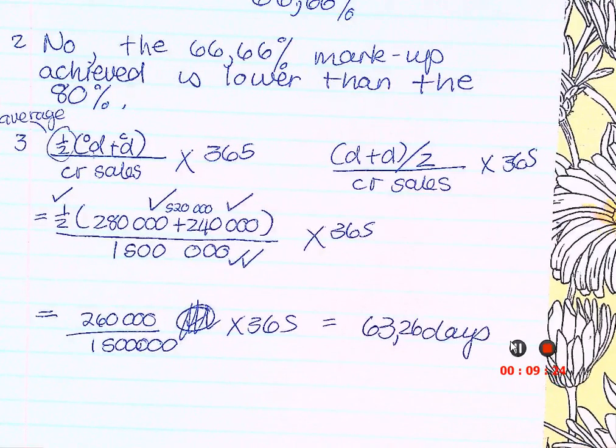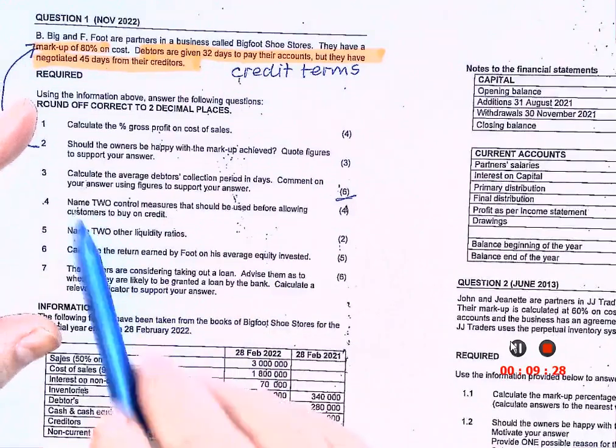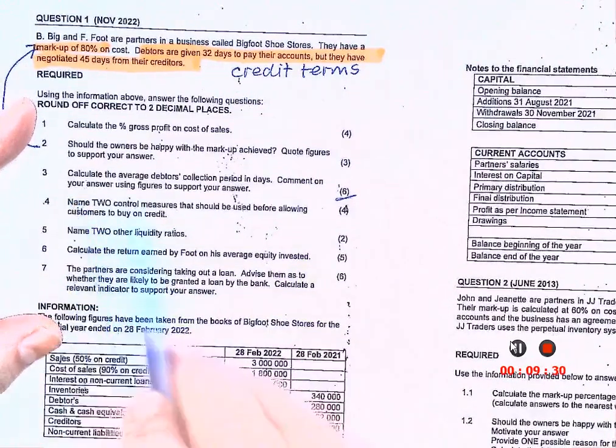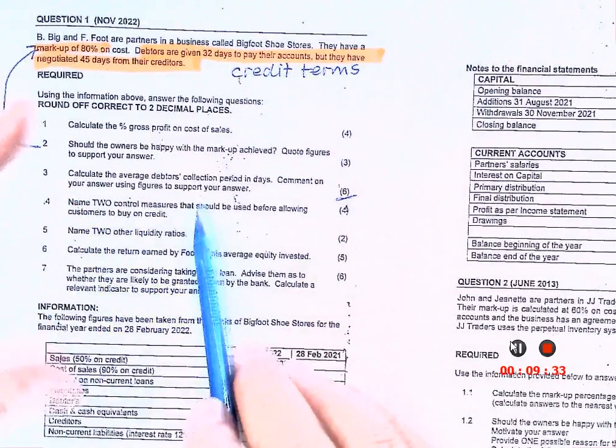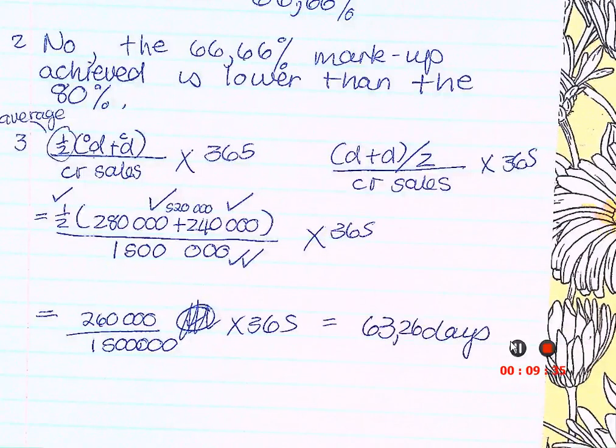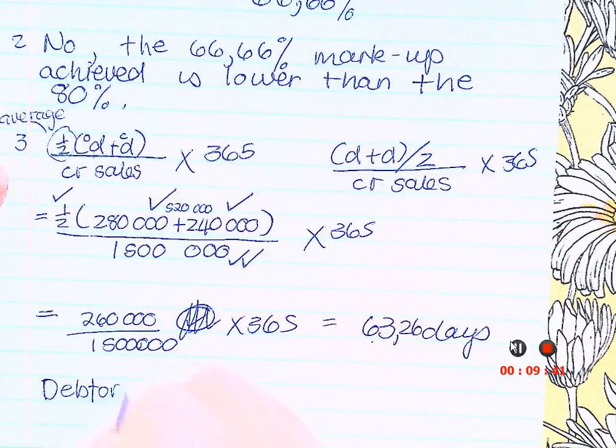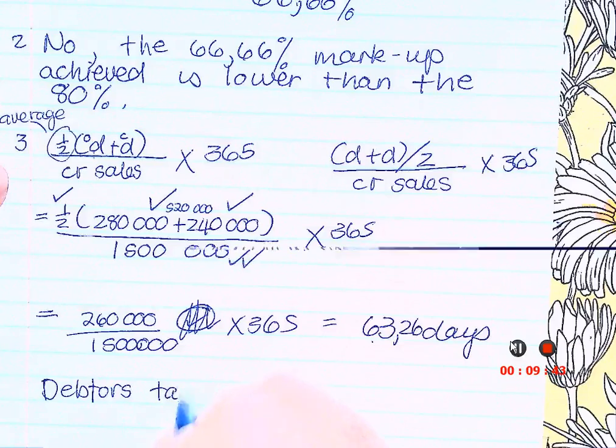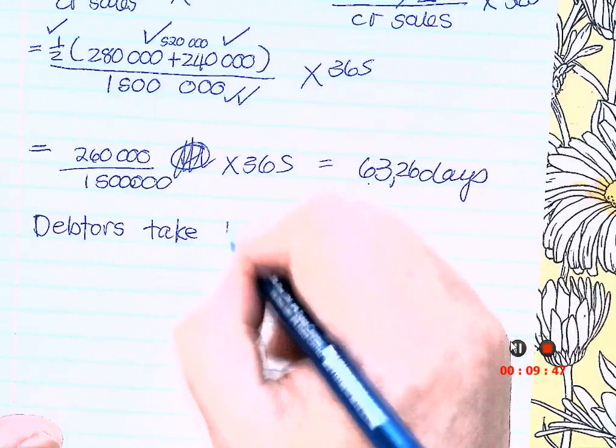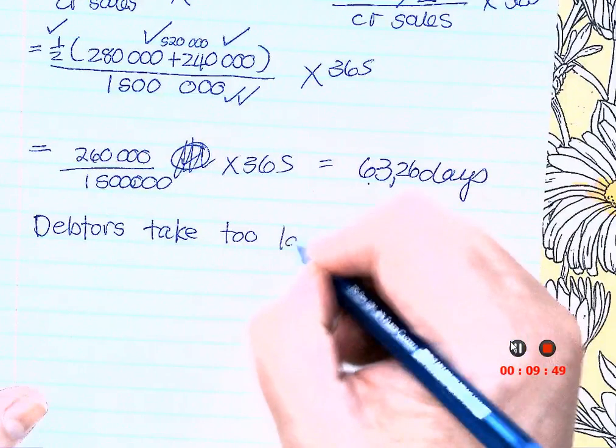Okay, so let's see. They say comment on your answer, to support whatever you think. So you're going to say, debtors take too long to pay.